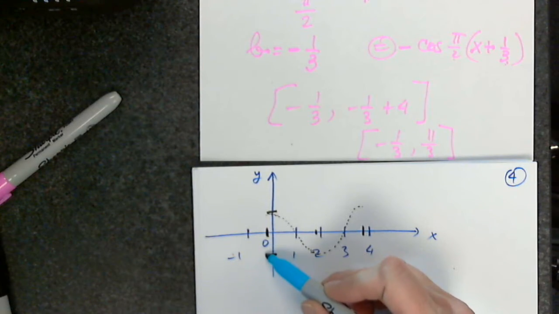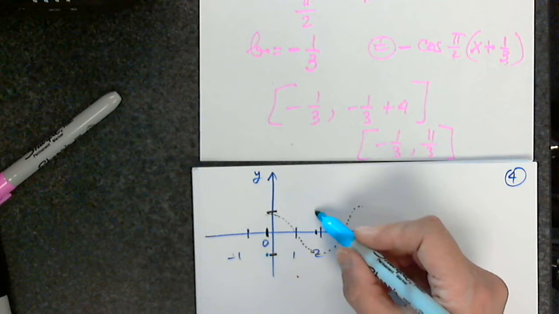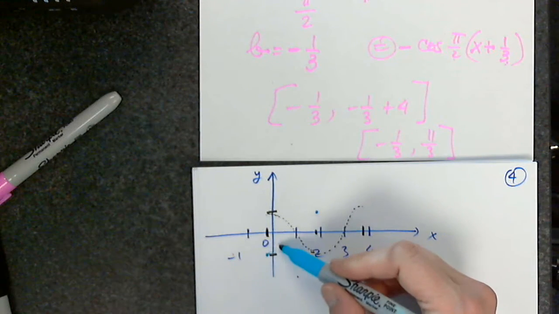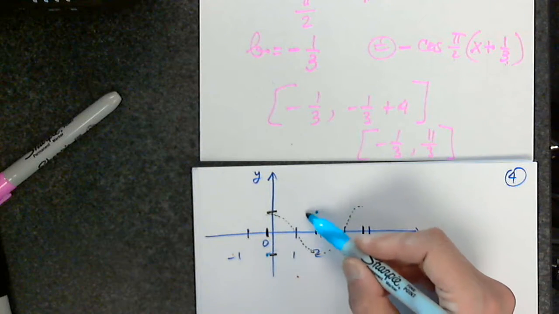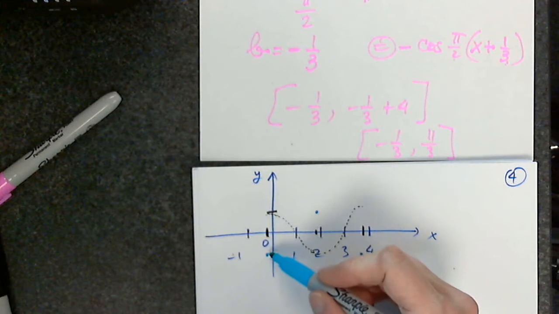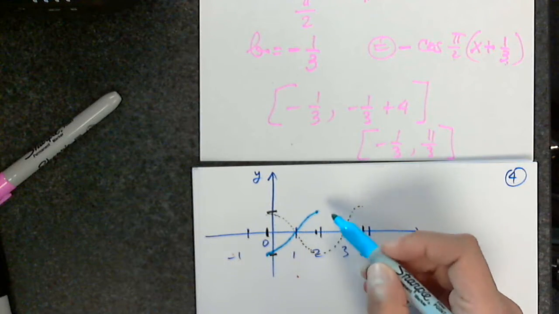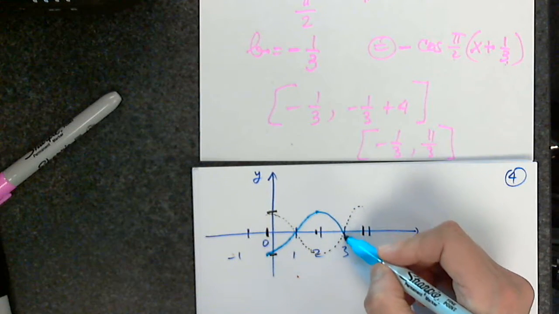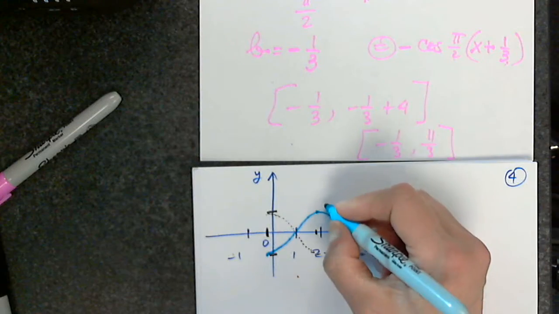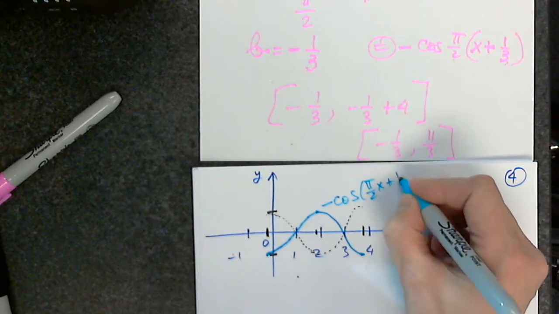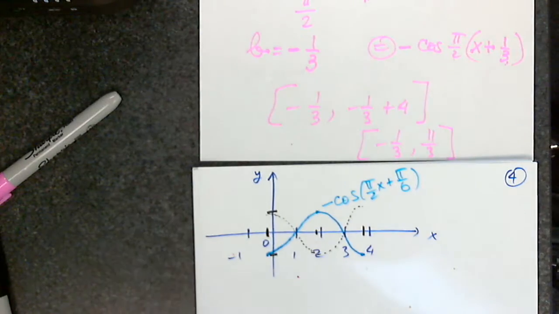So this is one point, this is another, and this is another. So this is negative cosine of pi over 2 x plus pi over 6.